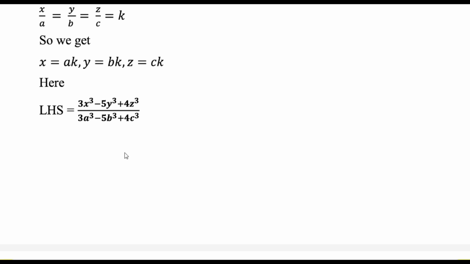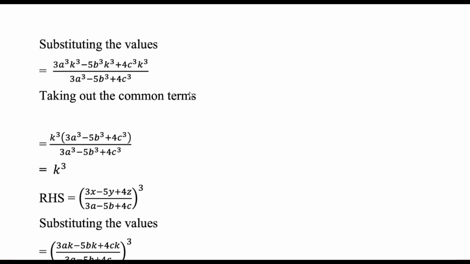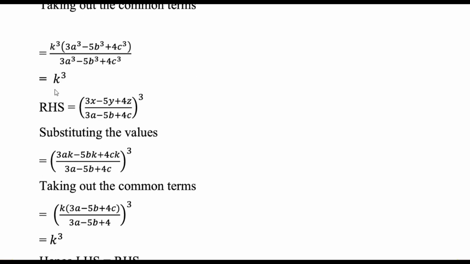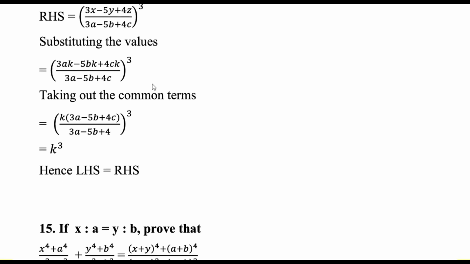Now write the left hand side. After that put the values. After that taking out the common term, you will get k to the power 3. Okay, and after that the right hand side, put the values, again taking common, you will get k to the power 3. So left hand side is equal to the right hand side.